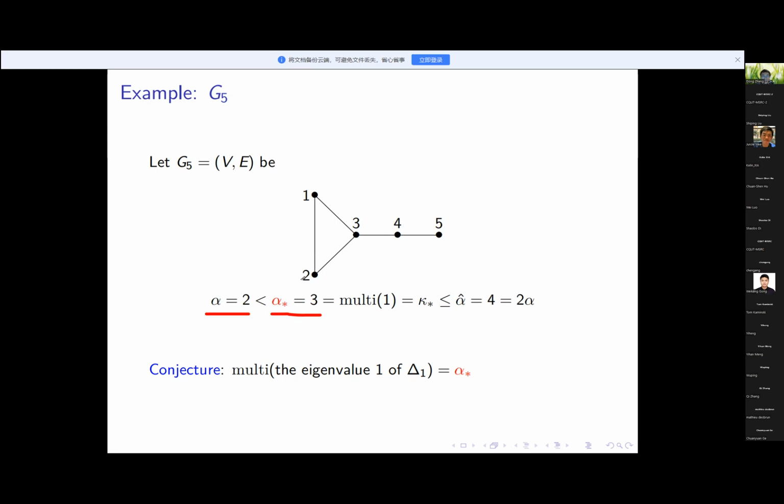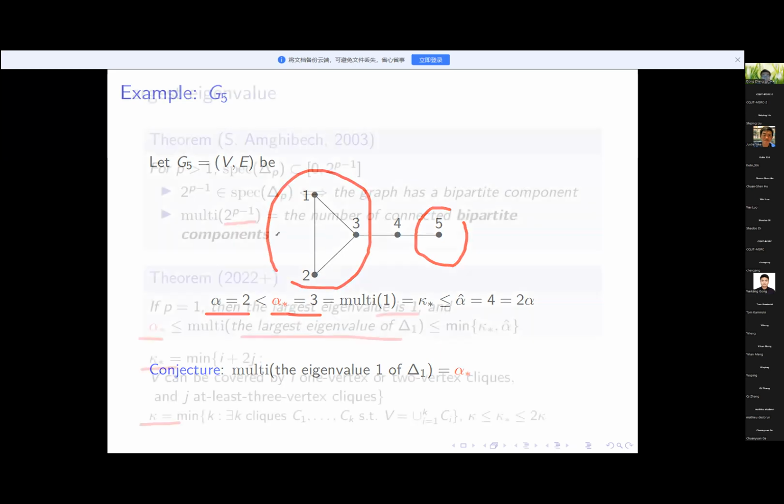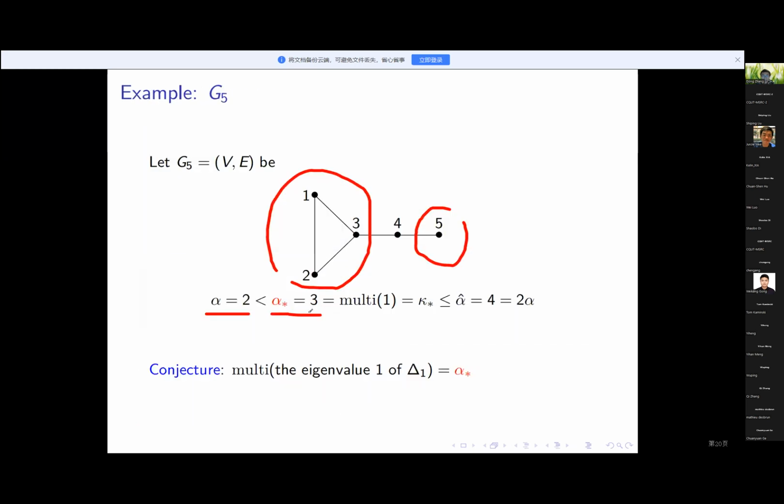This is because we can find a triangle and vertices that are not adjacent in the graph. So by the definition of alpha star, we can easily see that alpha star is 3.